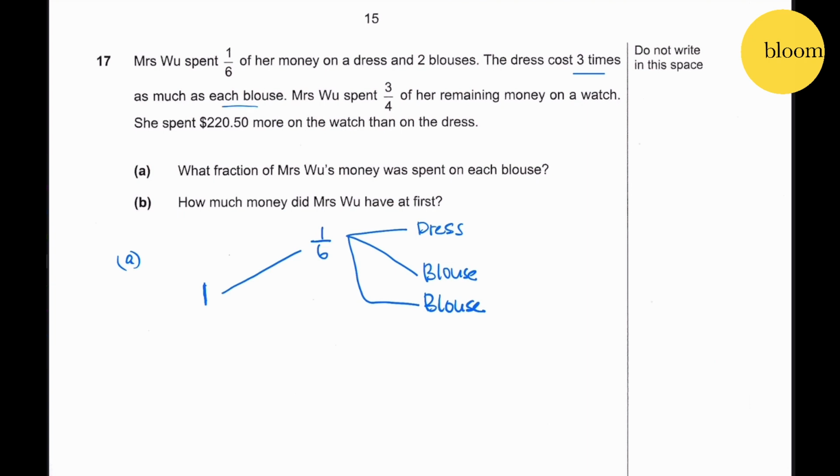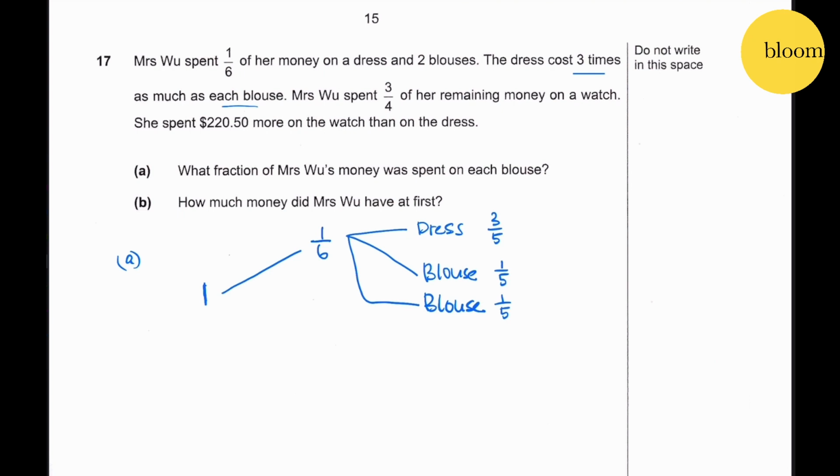So if a blouse is 1 unit, the dress will be 3 units. So 1/6 is actually broken down into 3 plus 1 plus 1, which is 5 units here. So what we have here is 3/5 of 1/6 and 1/5, 1/5.